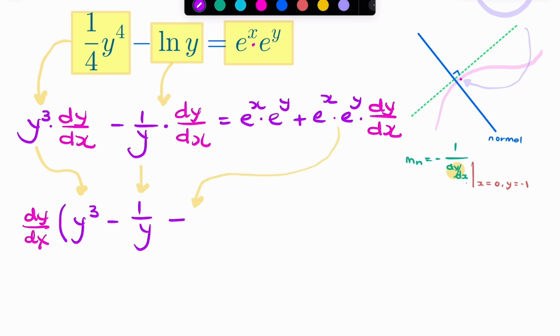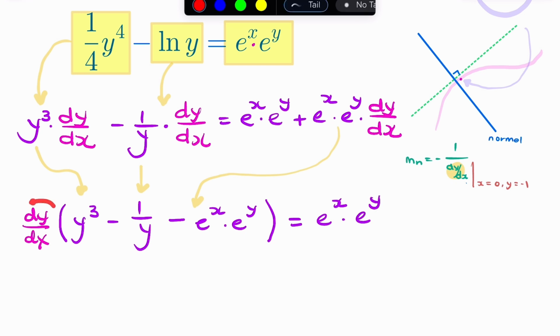minus e to the power x, e to the power y, equals, my term there is unchanged, e to the power x, e to the power y.